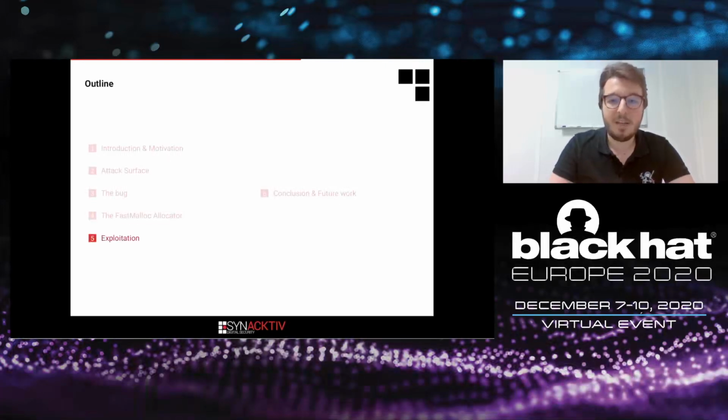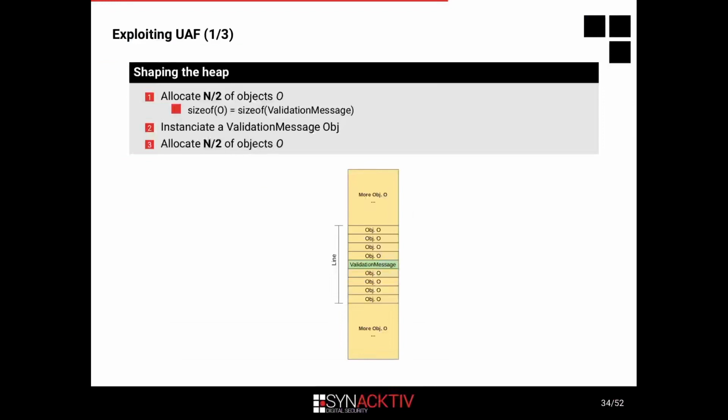We can now start the exploitation part. Using the previous information, we know that we must control the full line where validation message is allocated in order to reuse it. To do so, we will allocate objects that have the same size as validation message around it.